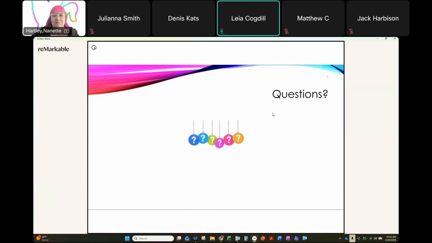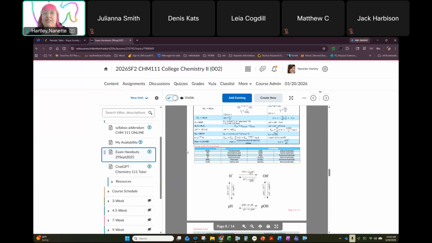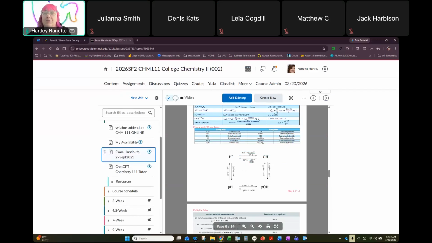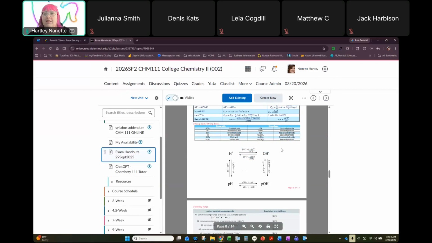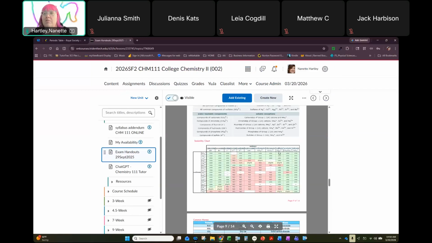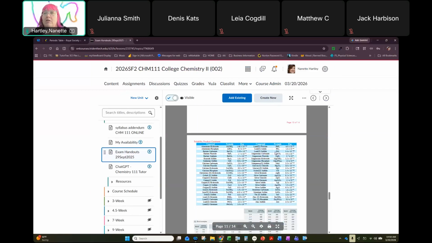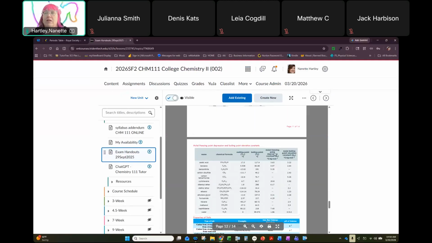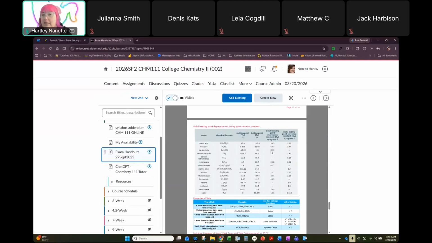On our exam handout, we have a list of strong acids and bases, so that's how we'll know if one is strong or weak. Yes, this is the exam handout. This is actually page 8, and this is the list that you get. There are also pieces of information that will help you, because back here there are lists of weak acids and weak bases.